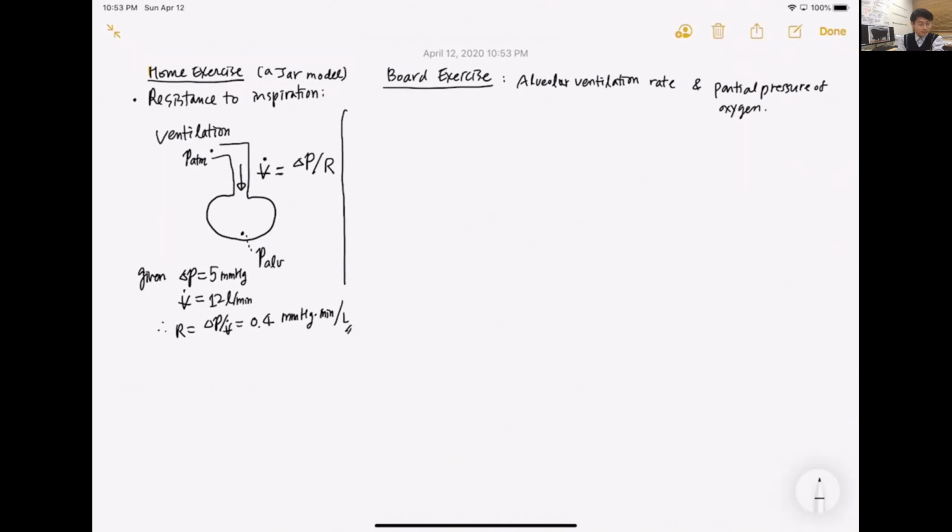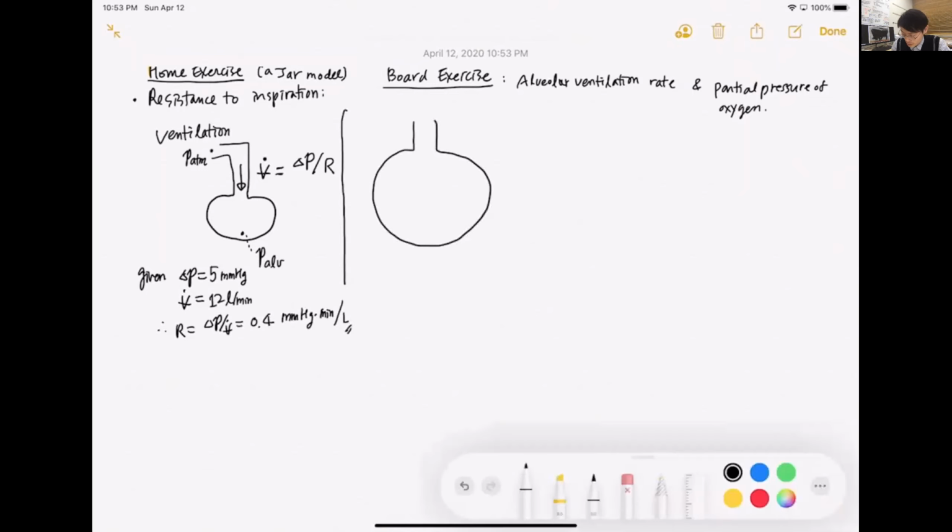First of all, it's important to make a system and also the dead space. So this is the airway and this is the whole alveolar space. So let's define an open system with this blue dotted curve. So this is our system.